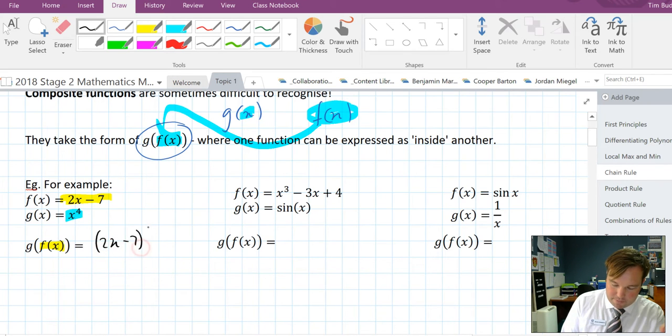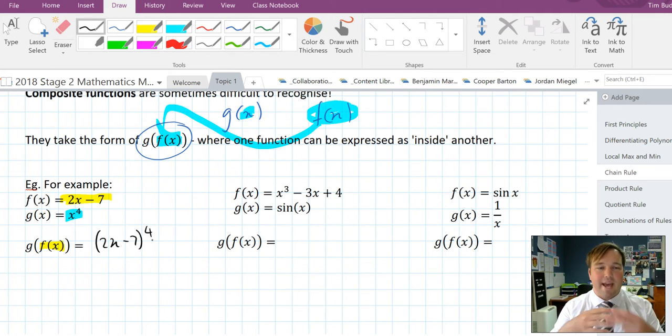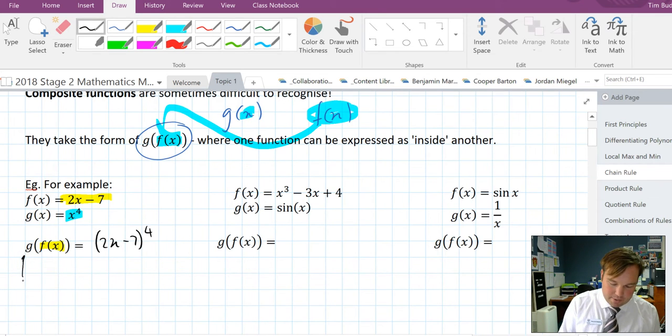2x take 7 to the power of 4. Essentially, the inner function is 2x take 7, and the outer one is x to the power of 4. So we're thinking outer, inner. Here, outer, inner.